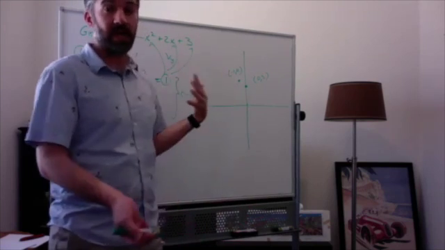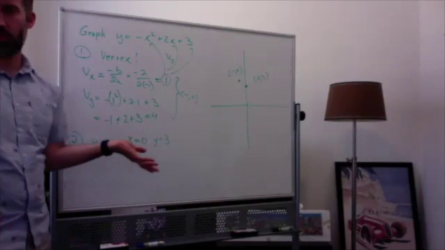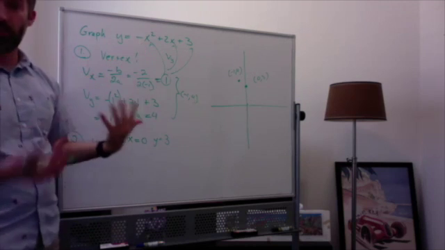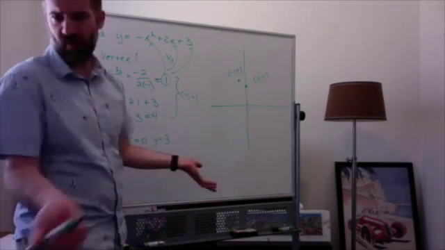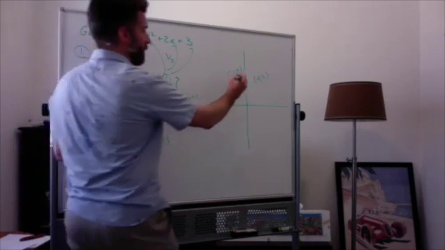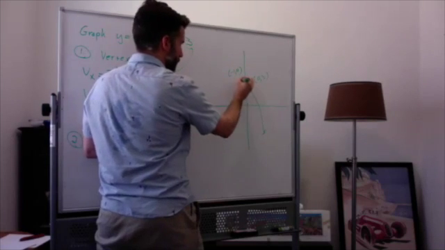So the vertex is the highest point, which means it opens downwards. Or you could use the fact that if the coefficient of x squared is negative, it opens downwards. There's two different ways of doing the same thing. There's probably other ways as well. So we know we are going to have x-intercepts because this is going to be the highest point, and we're going to go down like that and like that.